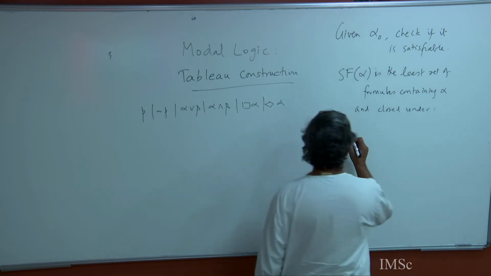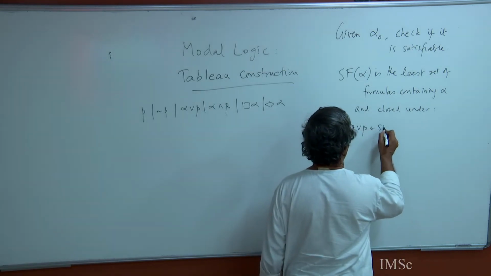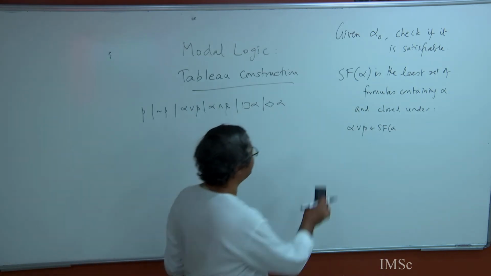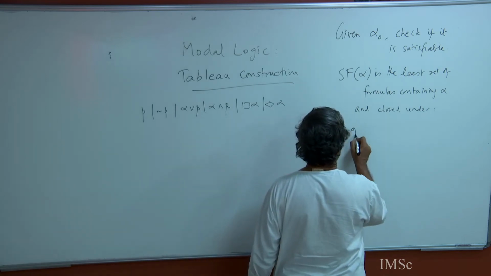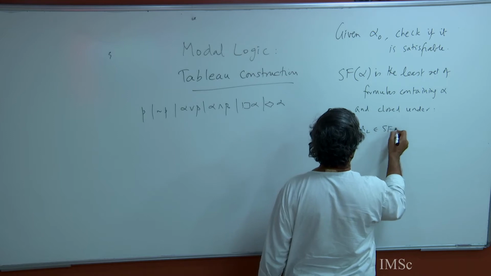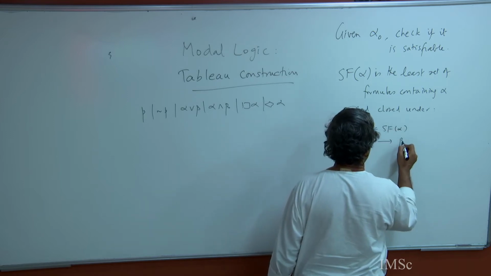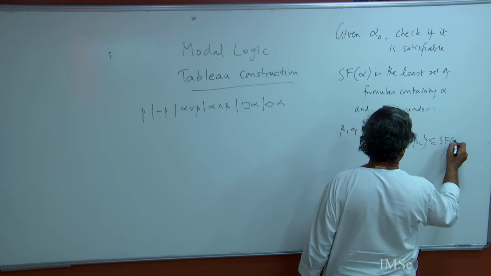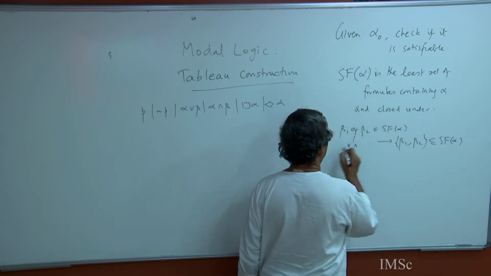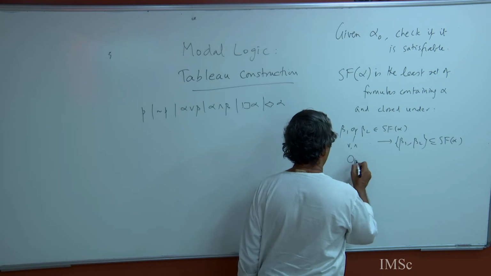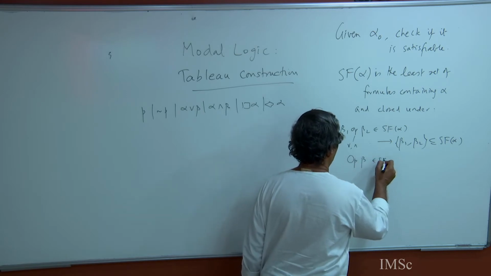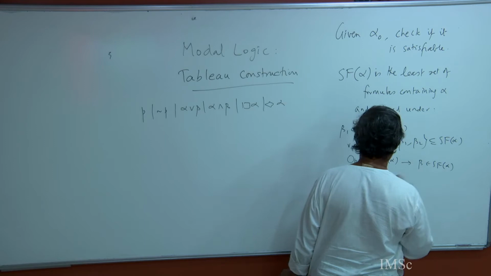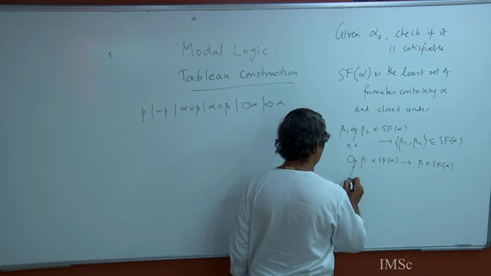So closed under: if beta 1 op beta 2 belongs to SF of alpha, where op is conjunction or disjunction, then beta 1, beta 2 belong to SF of alpha; and if op beta belongs to SF of alpha, where op is either box or diamond, then beta belongs to SF of alpha. That's all.